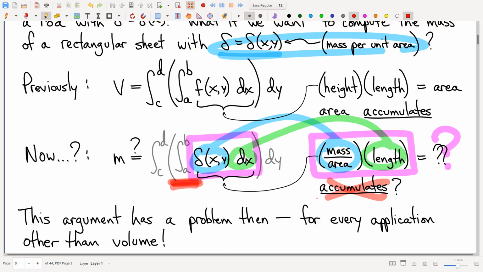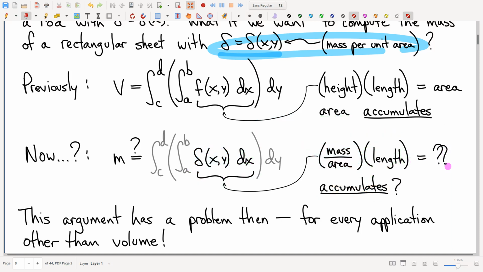And are we going to have to go through and figure out what the quantity in question is every single time for every one of those examples? This is a bad strategy. It just doesn't work well. So, roughly speaking, we're kind of dead in the water here. This is not going to be a good strategy for how to compute stuff.